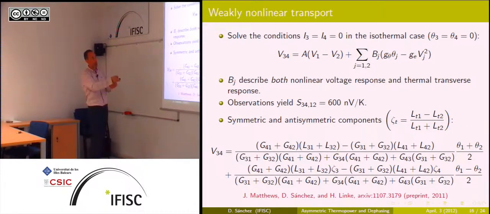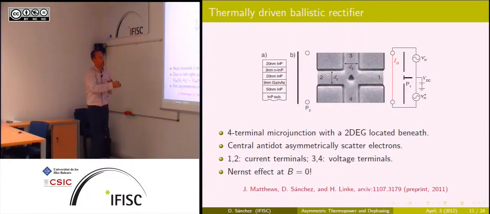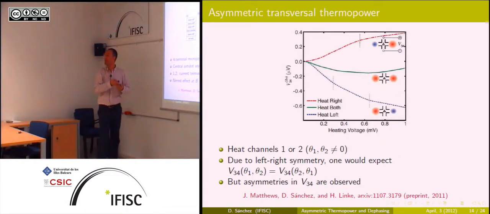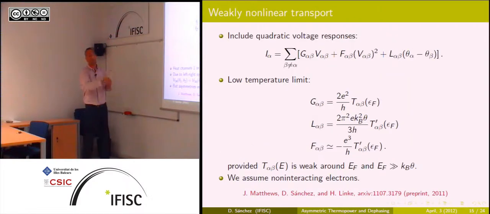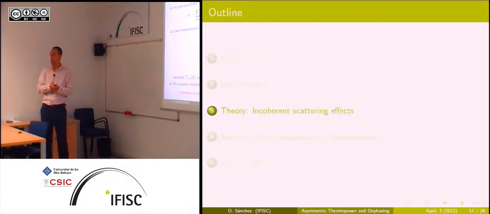This L_T1 minus L_T2, here T means 3 and here T means 4. So this is suggesting that there is a left-right asymmetry in the sample. And this is the only way to explain this change of sign when you invert the temperature bias. So this is kind of proof that using thermal power, in this case transversal thermal power, you are able to detect the spatial asymmetries in the conductor.